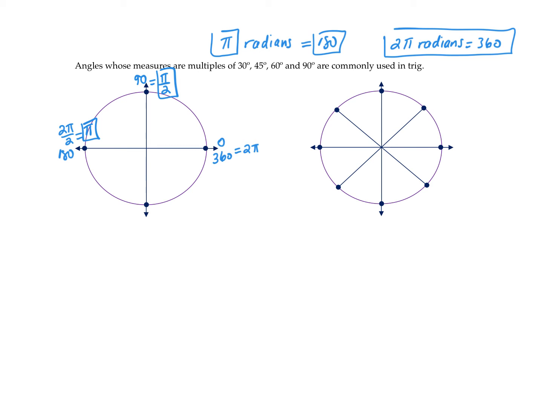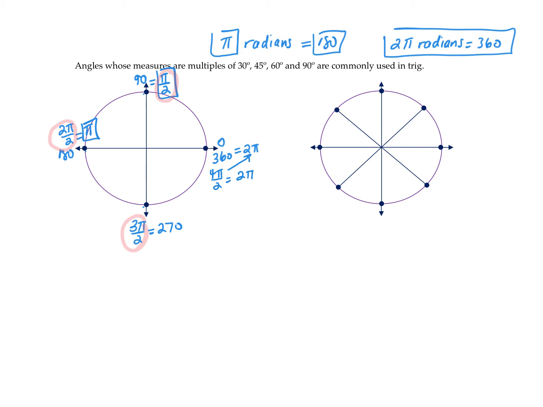If we keep up with the pattern of counting by pi over 2, we get 3 pi over 2 next, and that's equivalent to 270 degrees. And then we would finish it off again with 4 pi over 2, which reduces to 2 pi. Okay, so we're counting by pi over 2 each time.